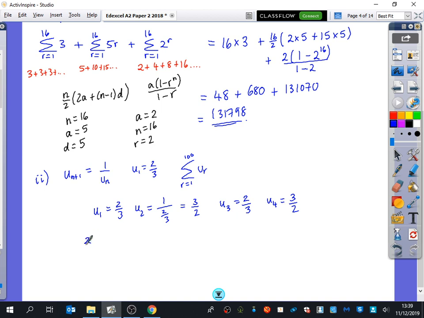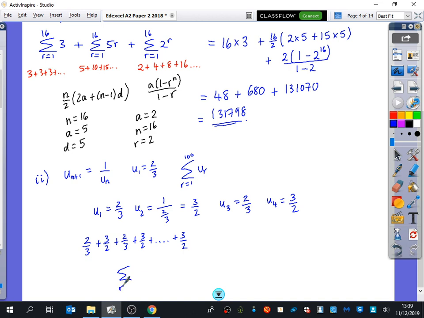We're going to be doing U1 plus U2 plus U3 plus U4, and we're going to do that all the way up until we get to the 100th one, and we know that the 100th one will be 3 over 2.